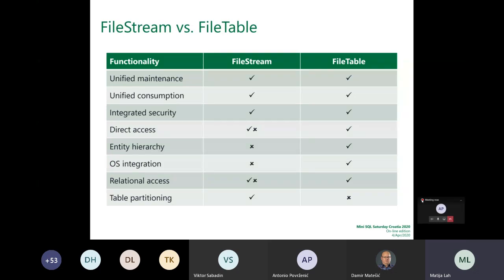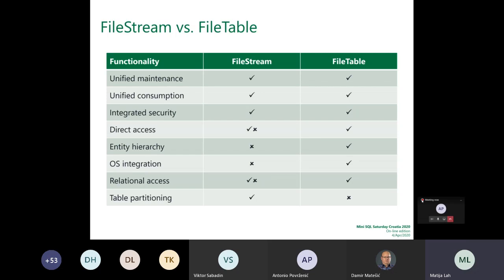Direct access is available with the file table, so you can access the files directly from the file system when they're hosted in a file table. But before you can stream a file from the disk into the client application on the Filestream, you have to ask the database engine for the file handle, and then you can access the file directly.